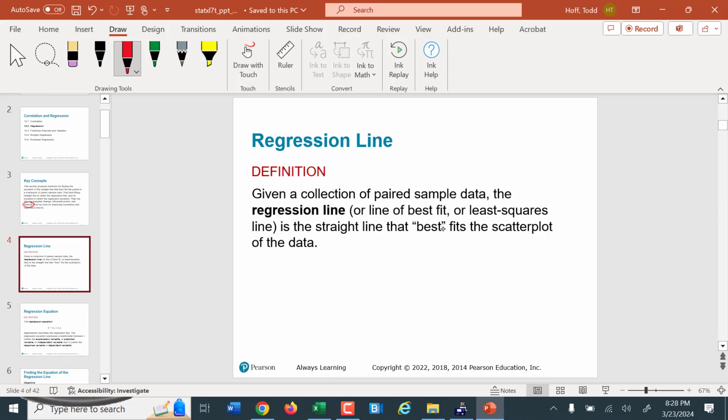So given a collection of ordered pairs, that paired data, we're going to find the equation of the line that is the best fit. Now there are a lot of different types of regression line. There's a median line. There's just other regression lines.